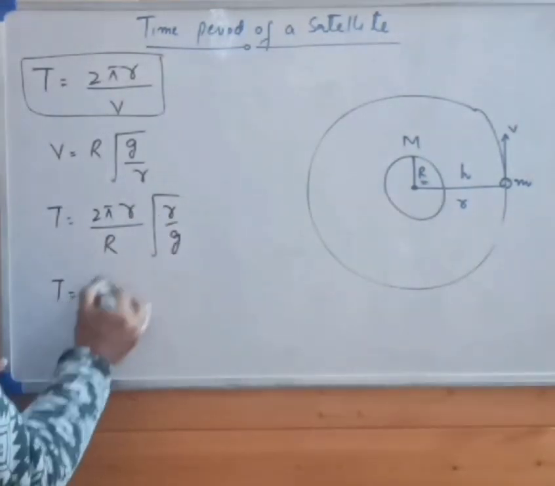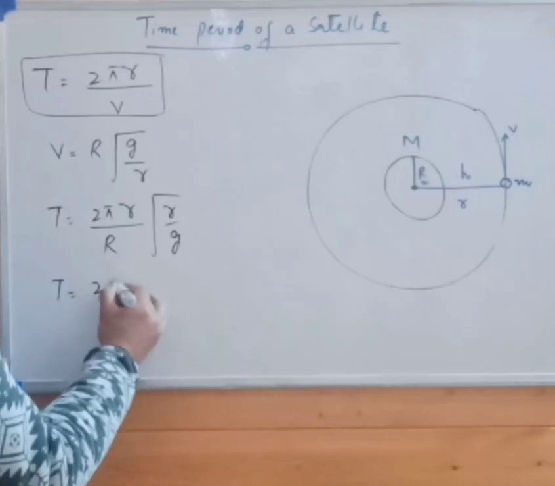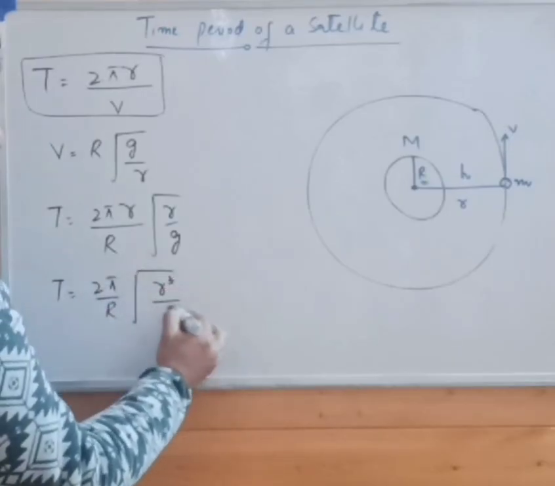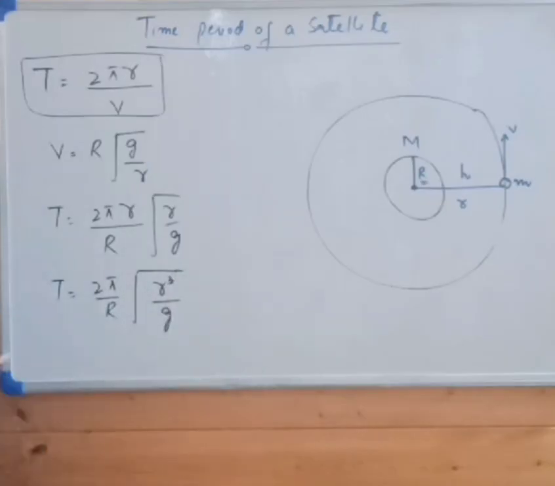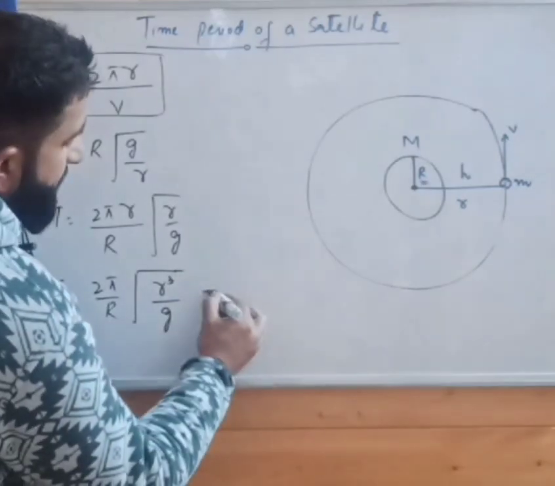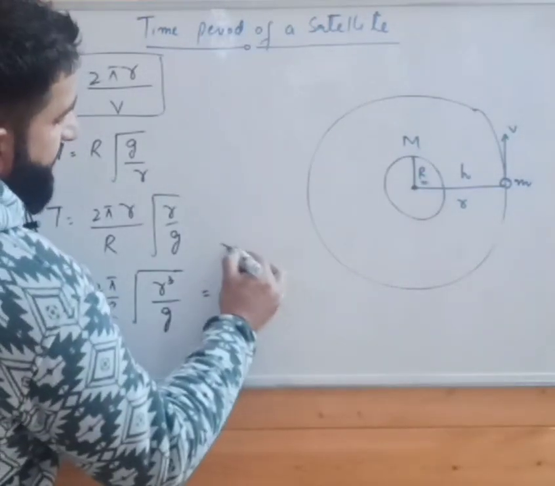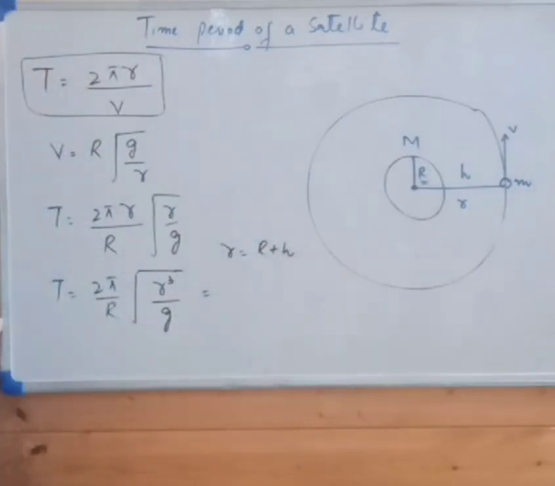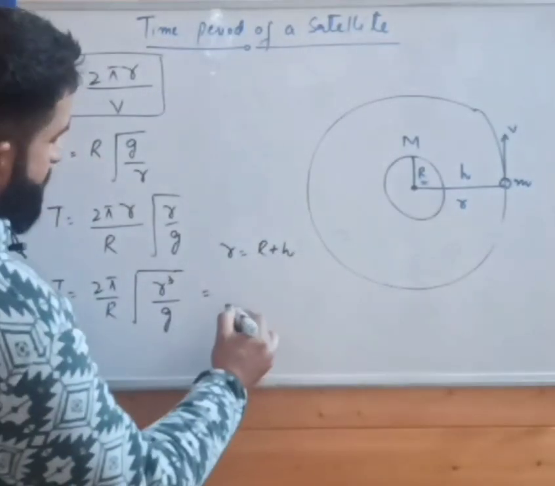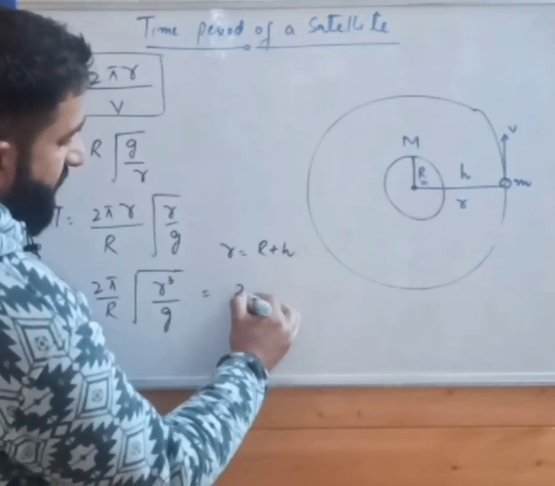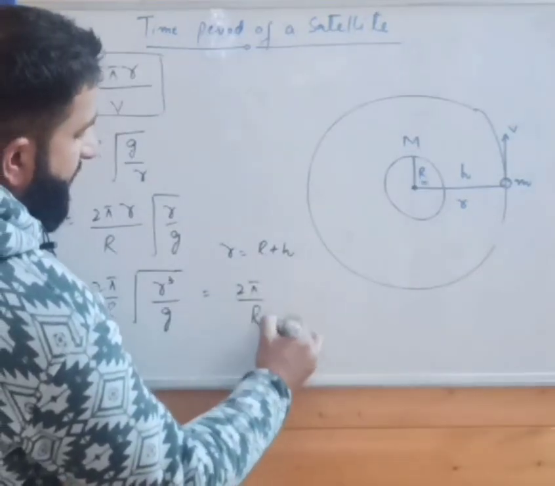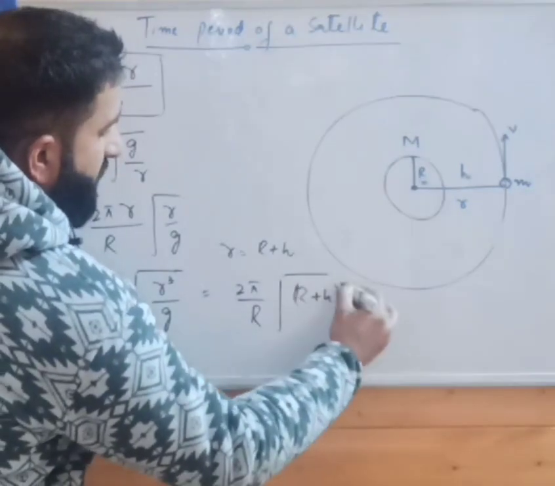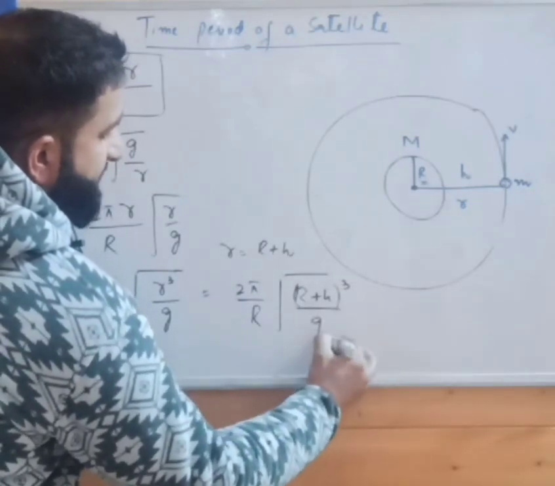Taking r into the root, that gives 2 pi by R into root of r cube divided by g. Now we know that this r is equal to R plus h, where R is the radius of the earth and h is the altitude. So T is equal to 2 pi by R into root of (R plus h) whole cube divided by g.